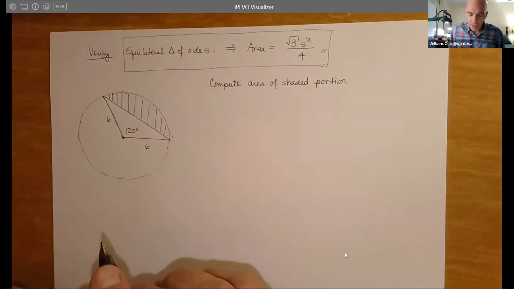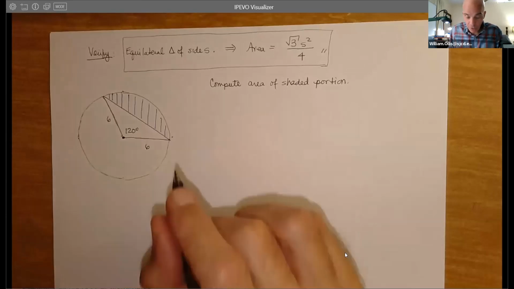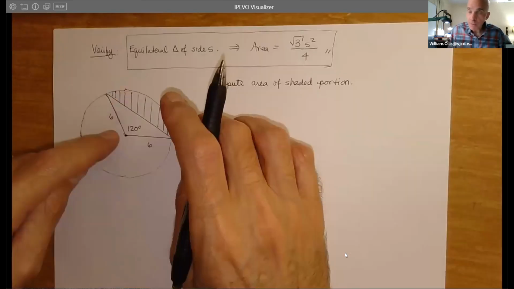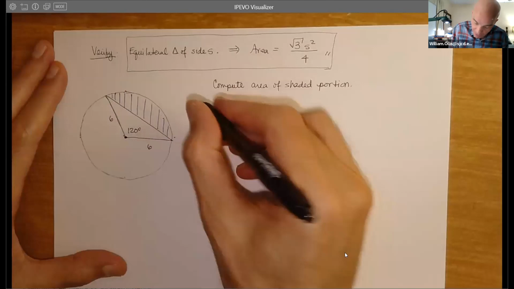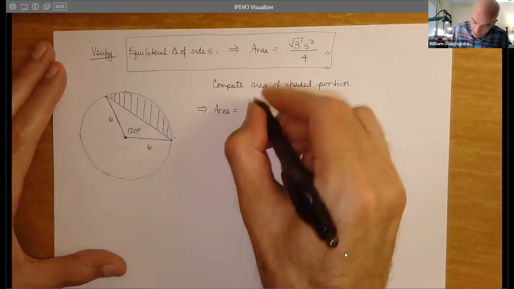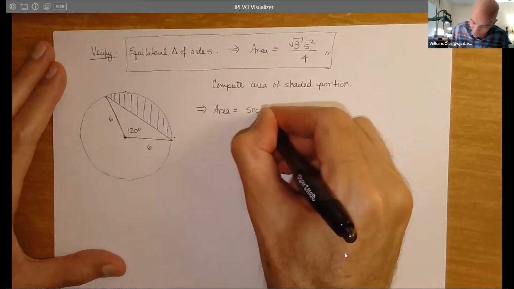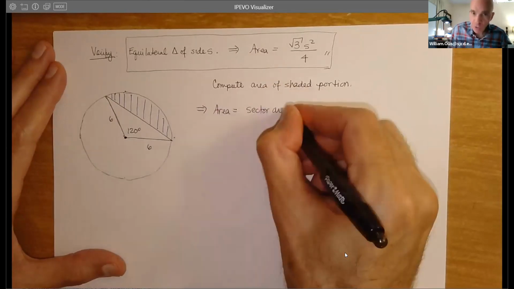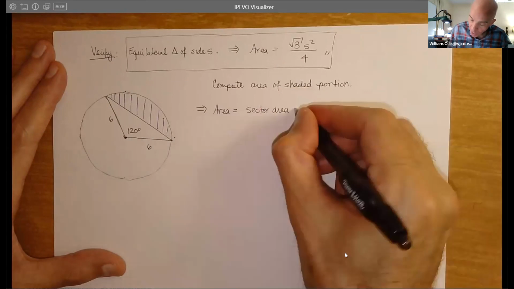So we think, okay, well, that's just going to be the area of the sector minus the area of the triangle. So this implies area equals sector area, that's what we learned about last time, minus triangle area.